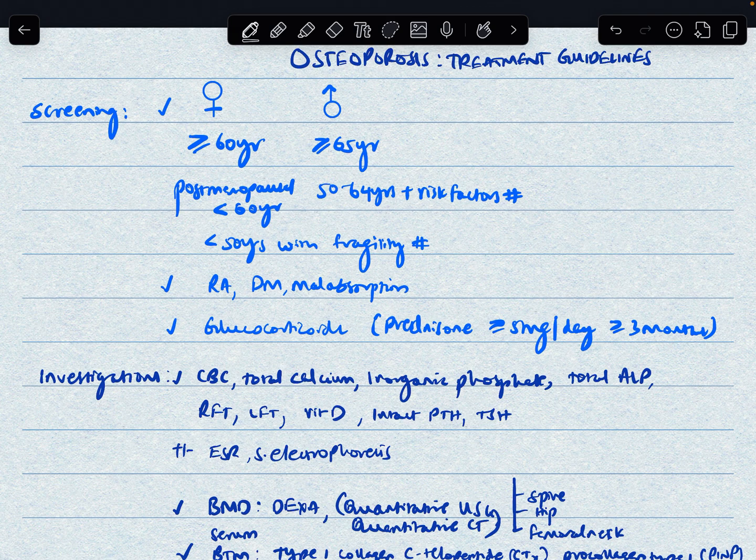In the video, first let's look into the screening criteria for initiating the osteoporosis management.